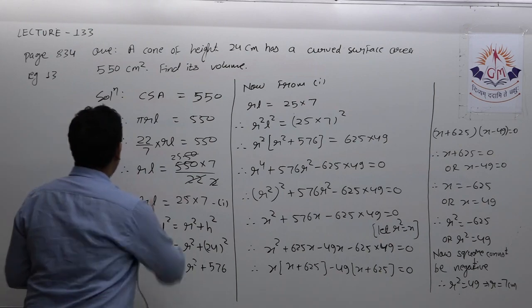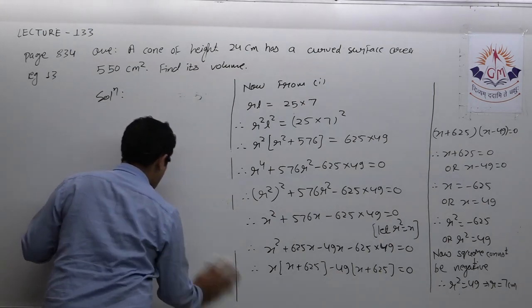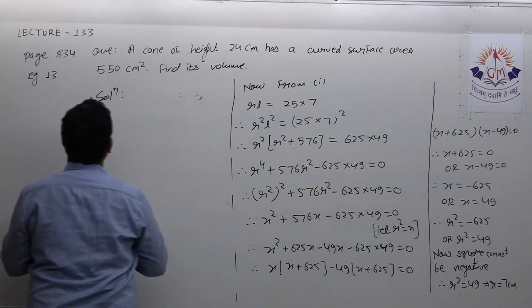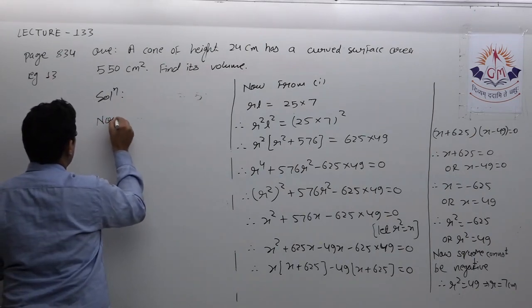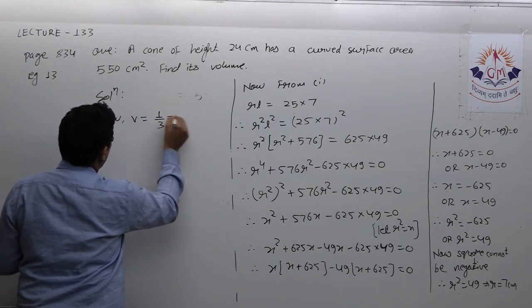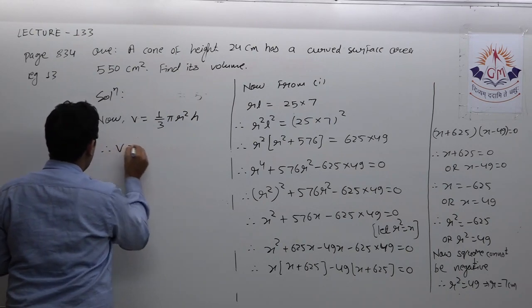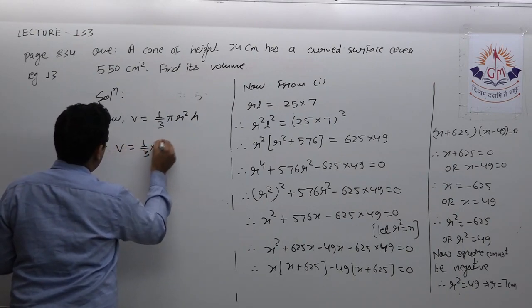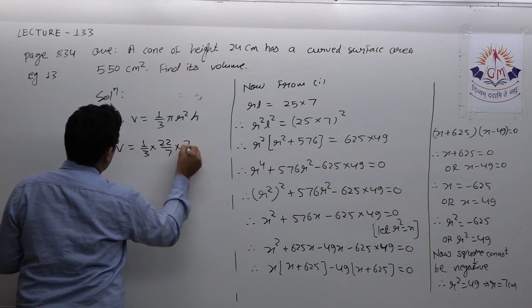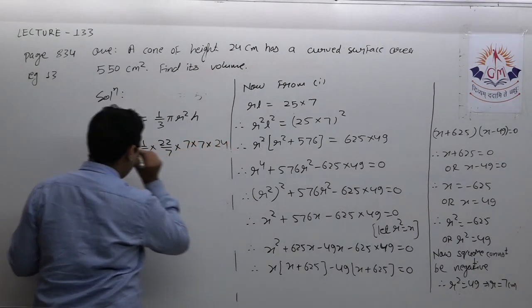Okay, so now we'll find the volume. Volume is equal to 1 by 3 pi r square h. Therefore volume is equal to 1 upon 3, pi is 22 upon 7, r is 7, 7, and h is 24.